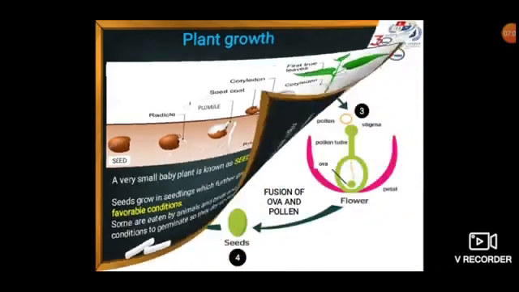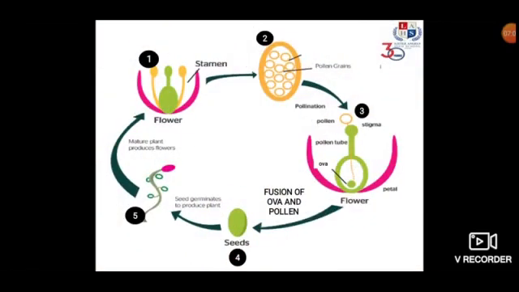Now we have discussed all the topics, and in the starting, I told you that all these things are related to each other. Now, with the help of this cycle, you will be able to understand in a better way how all these topics are related to each other. Now, please look at figure number one. There you see a flower with stamen.